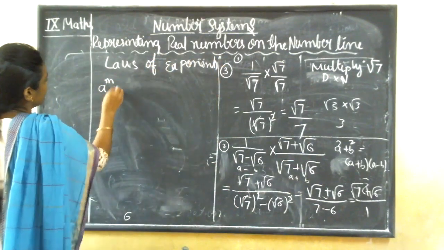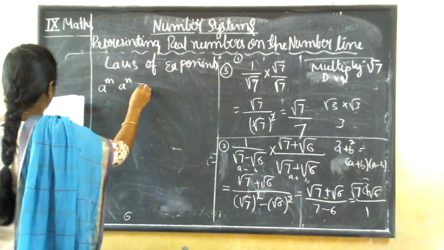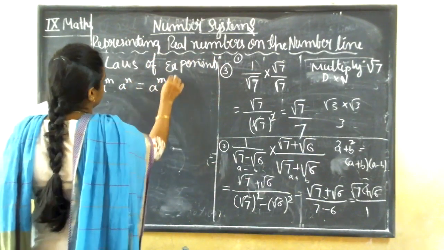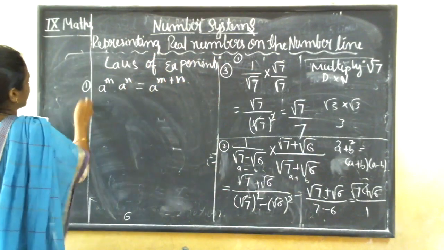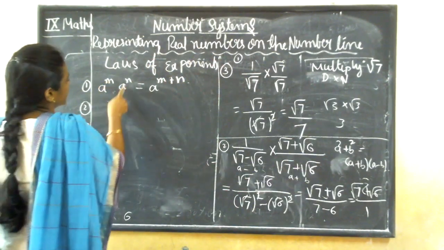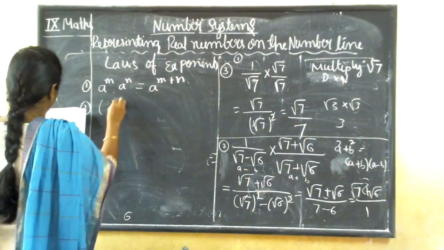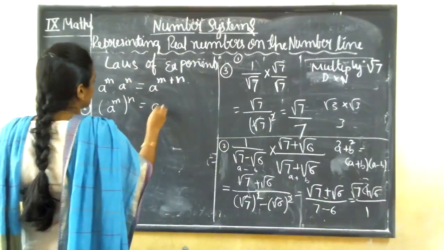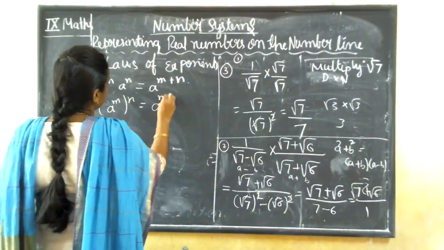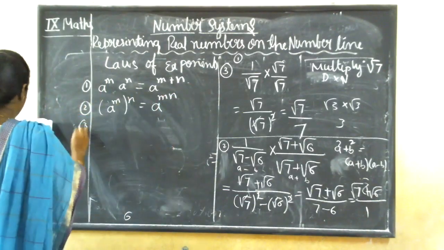First one, we all learned this one in our previous class. Nothing new in this. Let me revise that. A raised to m into a raised to n is equal to what? A raised to m plus n. A raised to m raised to n is equal to what here? You are just going to multiply the powers of a. Third one.